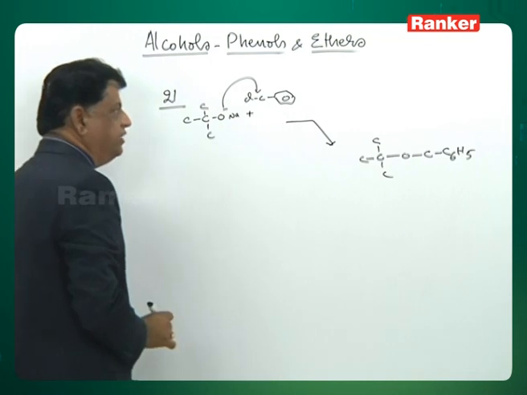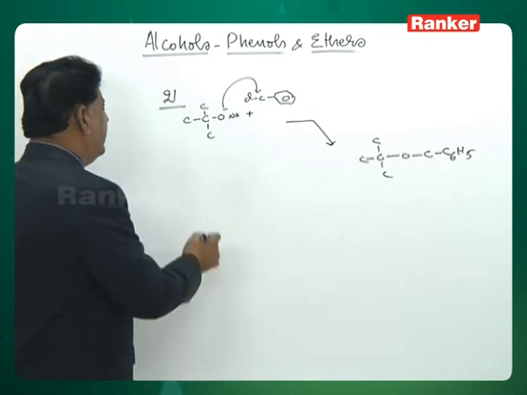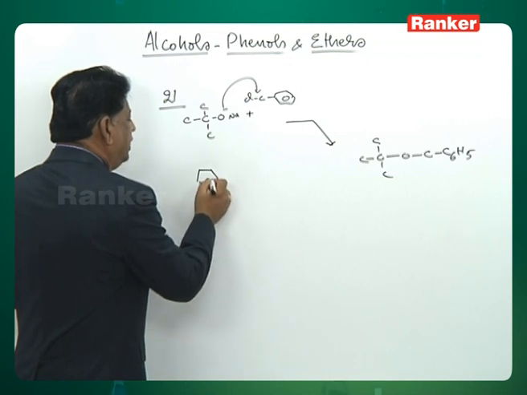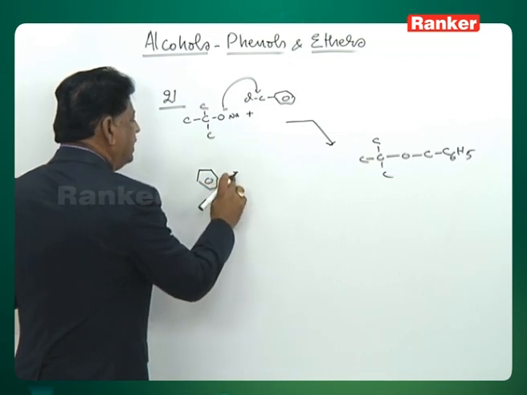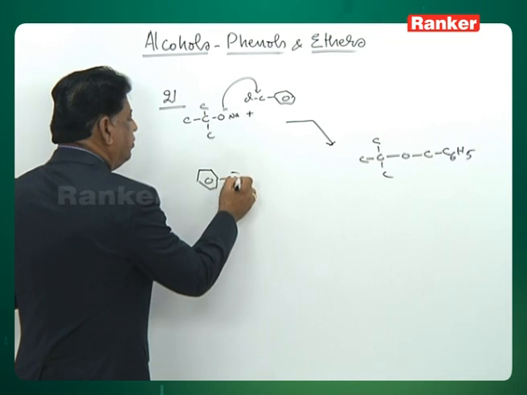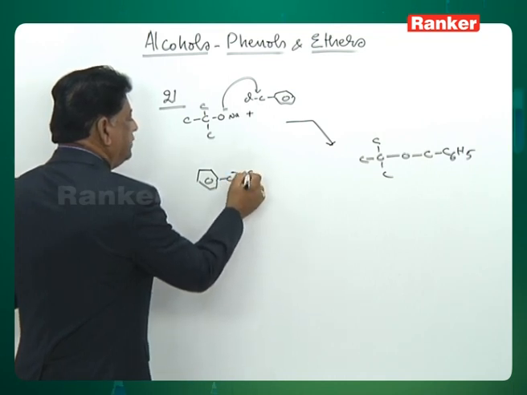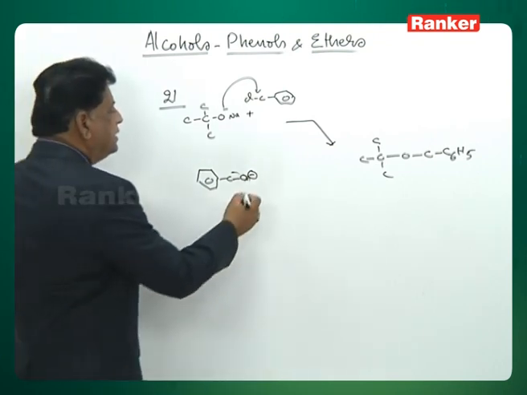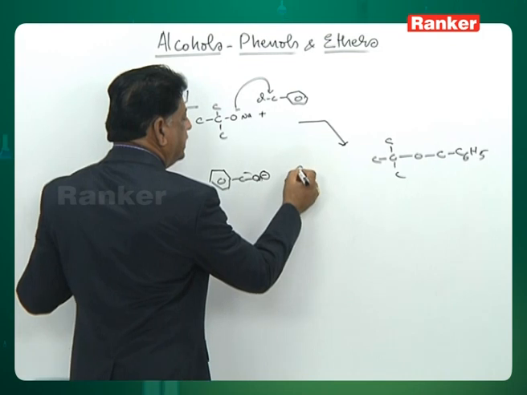This is one way of the reaction. The other way is you take benzyl alcohol as a compound, the CH2O minus, the benzyl alcohol salt, and the tertiary compound as an alkyl halide.